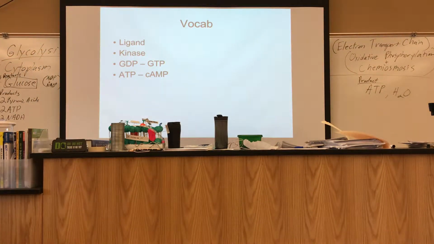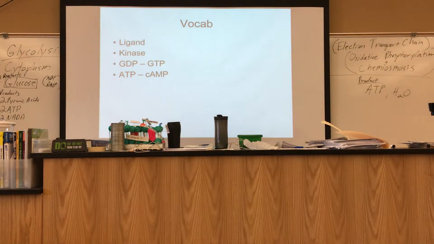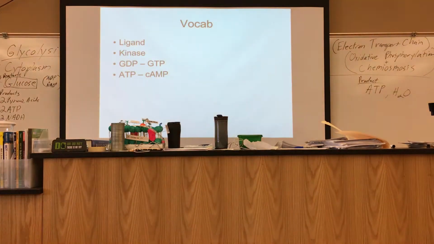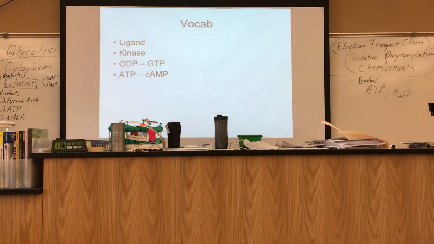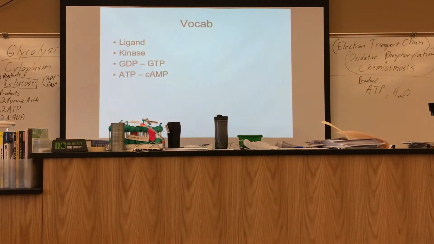GDP and GTP, right? They're just like ATP and ADP, right? GDP is guanine diphosphate, GTP is guanine triphosphate, the low energy, high energy forms. They're just another energy molecule other than ATP, just to be familiar with. Operates in very similar ways. We use mainly ATP, but GTP can work in some situations. Works in the same fashion as ATP.